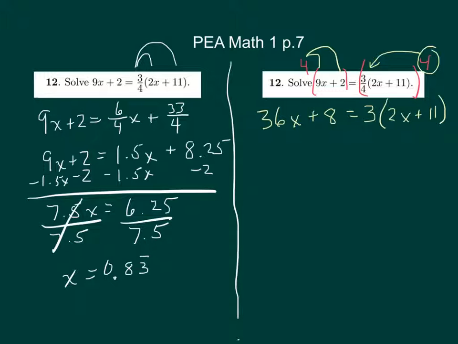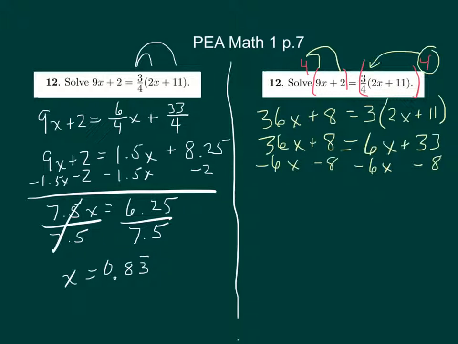All right, now we can distribute that. 6x plus 33. 36x plus 8. Fractions are gone, which makes life usually a lot better. Subtract 6x from both sides. Subtract 8 from both sides. That would be 30x equals 25.